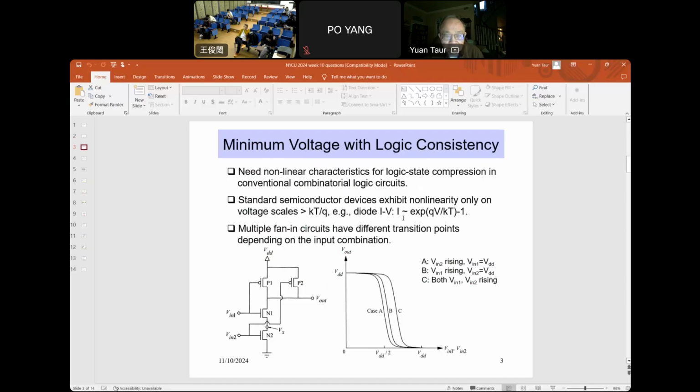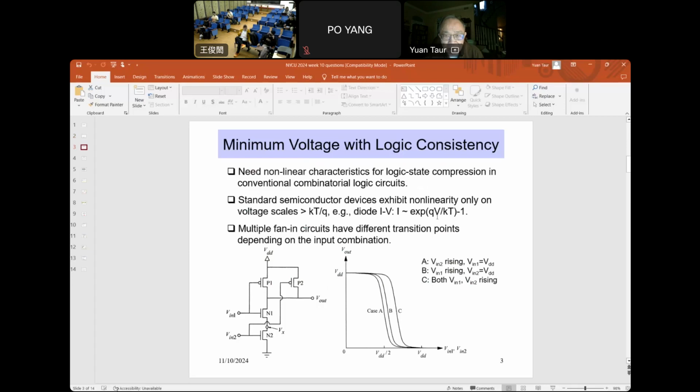And so if we look at semiconductor transistors, for example, the diode current is exponential, e^(qV/kT) minus 1.